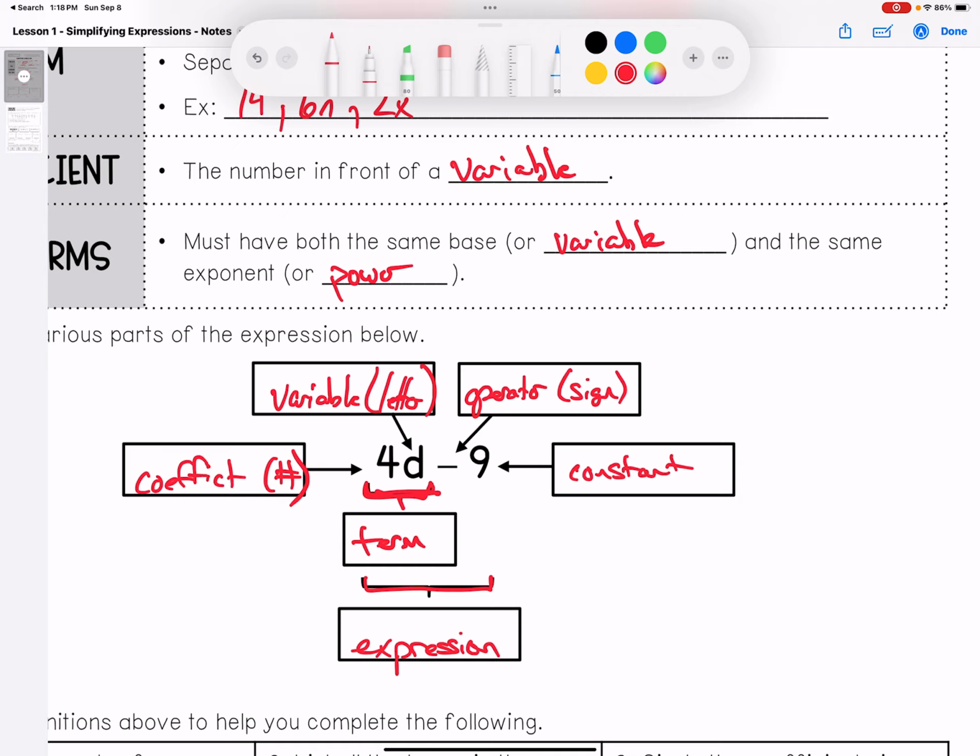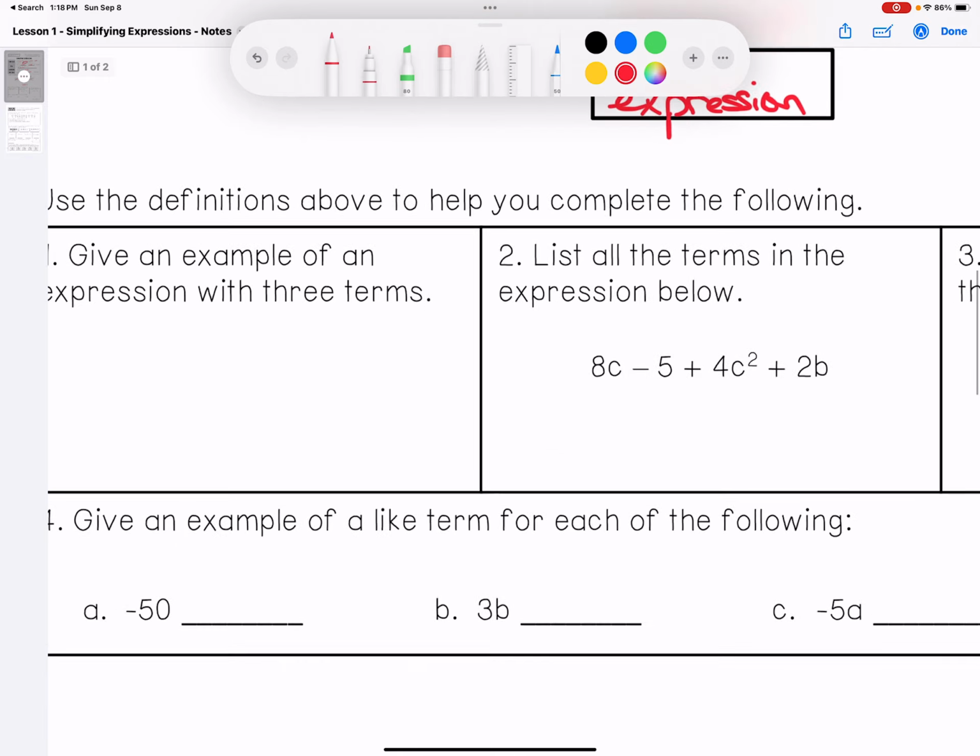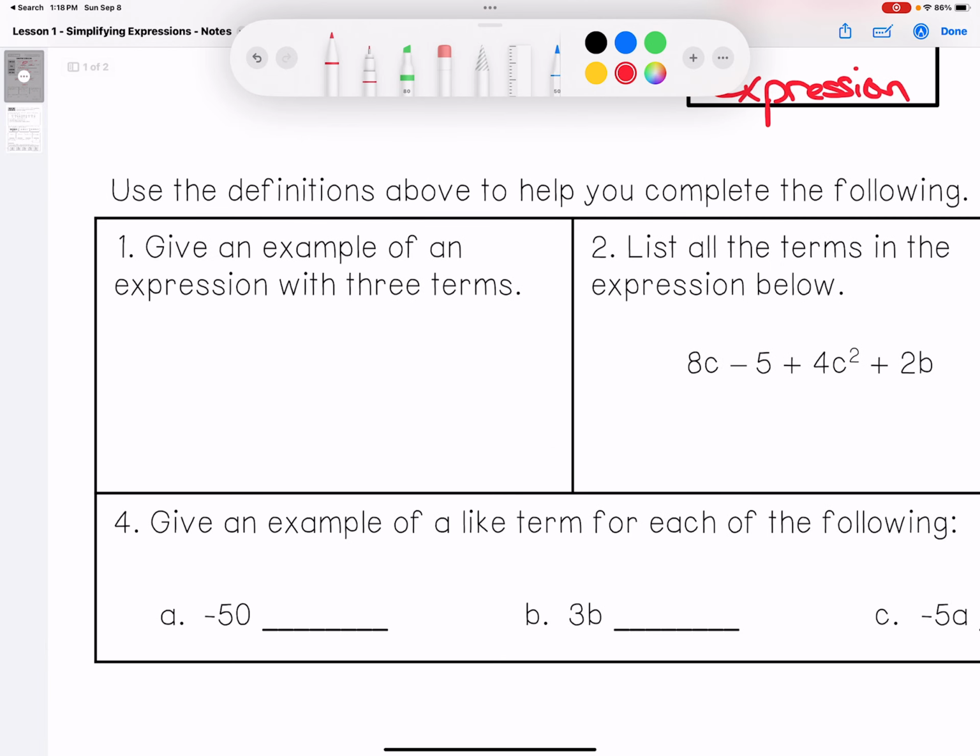All right, moving on. Give an example of an expression with three terms. I've already given you one, so we'll go with it. We'll go 2y squared plus 2x plus 2. There's a million bajillion ways we could do that, but that's just because they all have 2. It could also be 3y plus 2x plus 1.